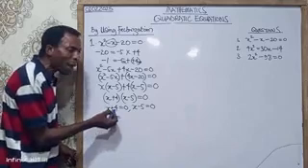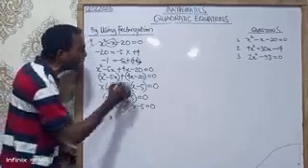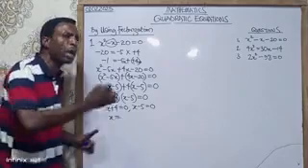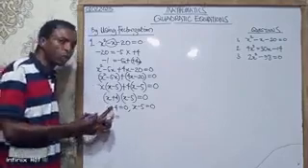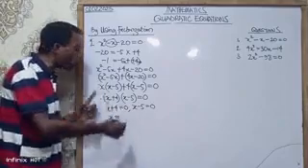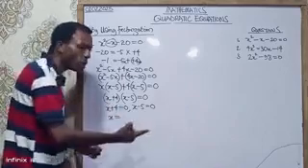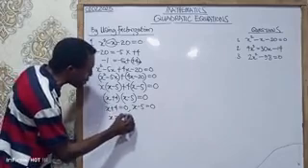When any number with a sign, either plus or minus, crosses the equal sign to the other side, the sign of that number will change. If it was plus, it will change to minus. If it was minus, by the time you carry it to the other side, you have plus. So this plus 4 will turn to minus 4.